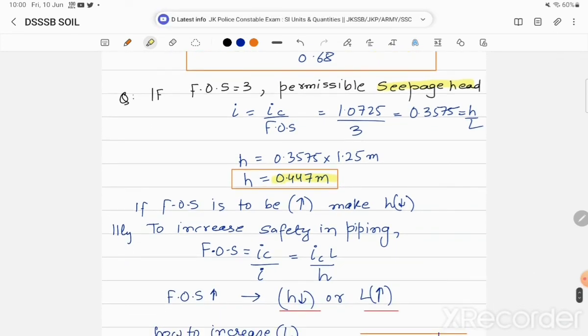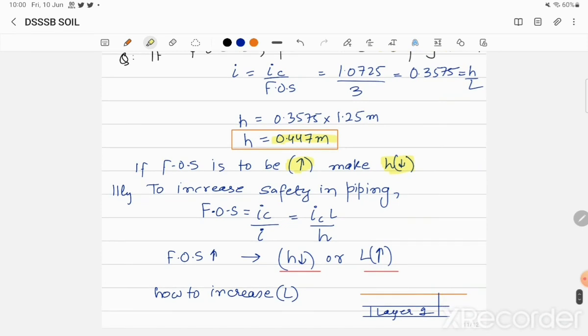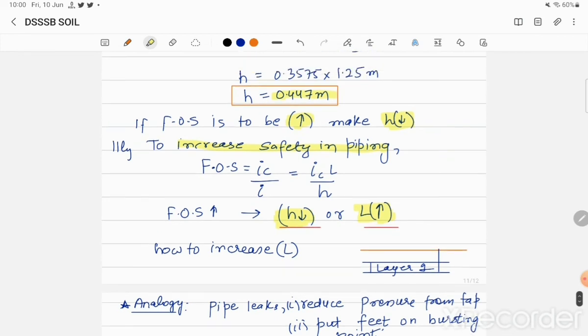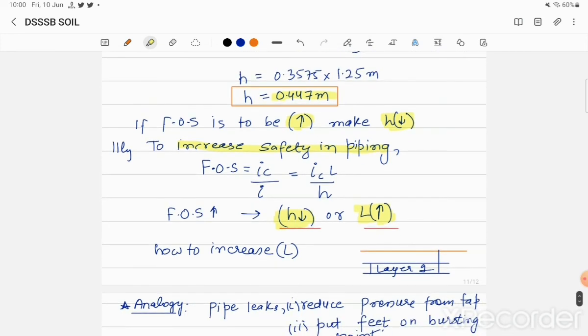Now it says that if the factor of safety is to be increased, make H less, or decrease the H. So it means that to increase safety against piping, just decrease the H or increase the length of the soil. It will help to reduce the gradient, so that it doesn't reach its IC.